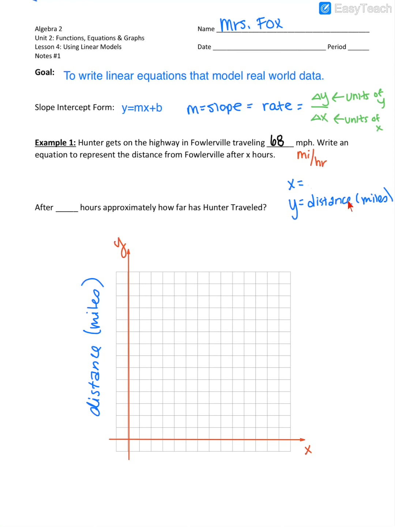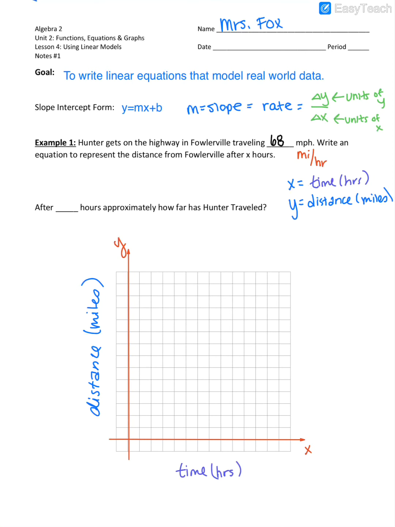We have to say what it is we're measuring, distance, and how we are measuring it goes in parentheses, miles. The x is on the bottom, so hours. Hours measure time. So x is going to be your time measured in hours. Down here we will label time, measured in hours.